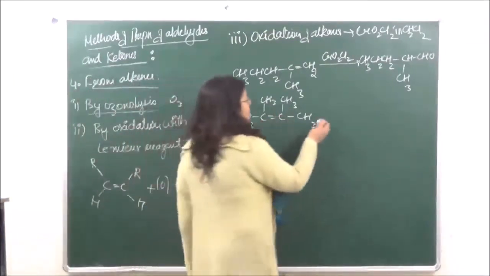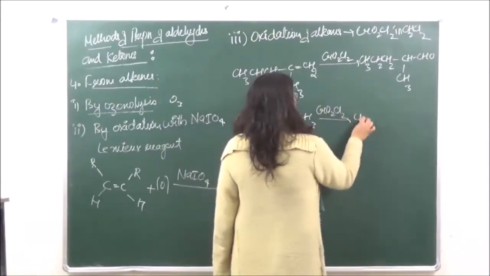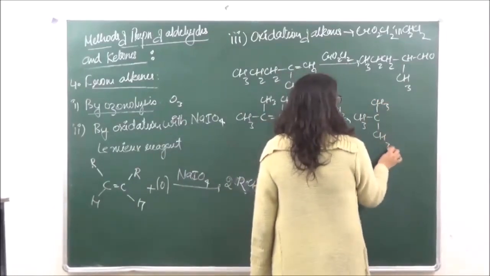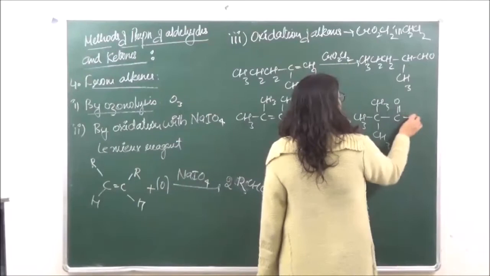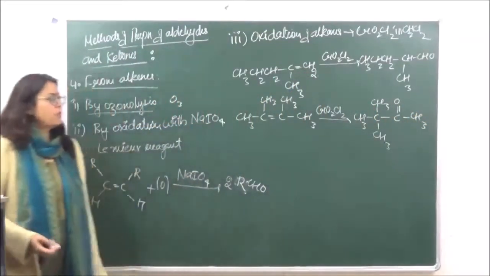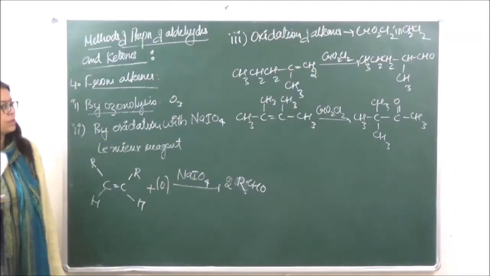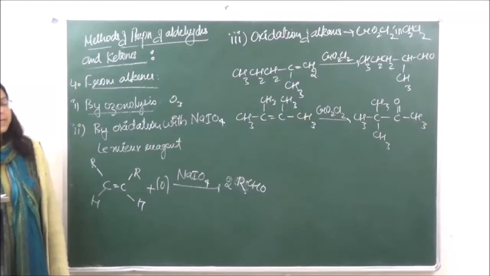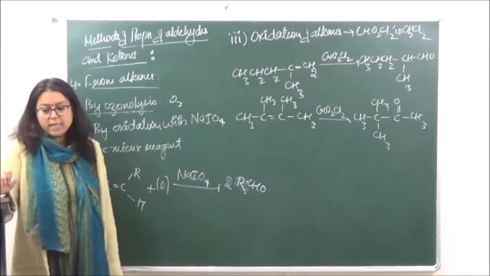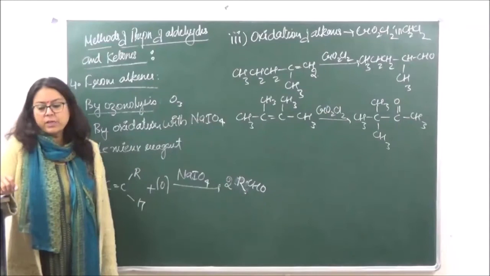So there is going to be a methyl shift over here. This is the product which we are going to get, 3,3-dimethyl butan-2-one. Okay, so over here we are getting a ketone. And in the upper reaction we were getting an aldehyde. The oxidizing agent which we are using is chromyl chloride, CrO2Cl2.